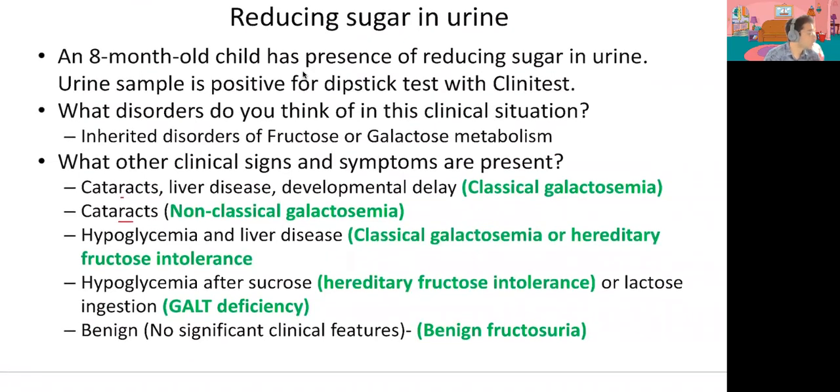Reducing sugars, keep this in mind. Cataracts, liver disease, developmental delay: classic galactosemia. If it's cataracts by itself, non-classic galactosemia. If it's hypoglycemia and liver disease, this can be a little trickier.